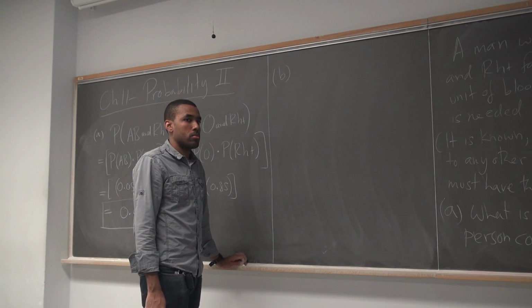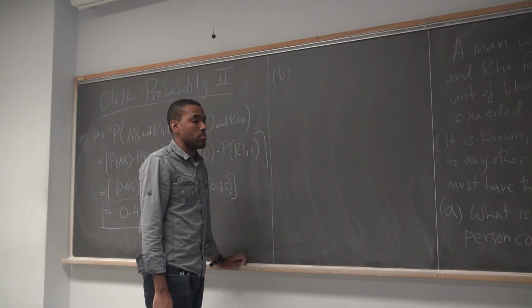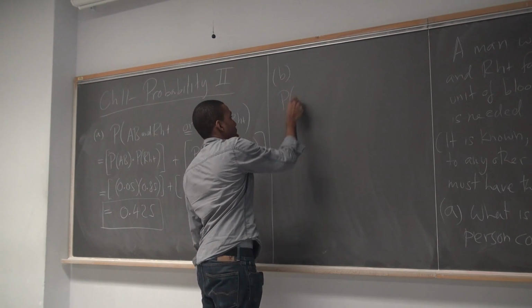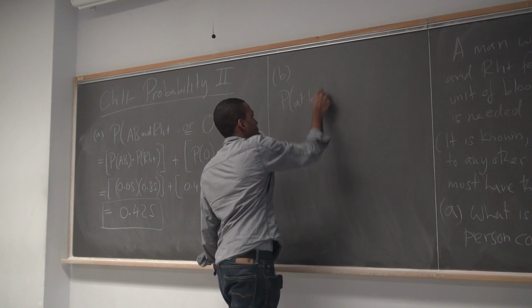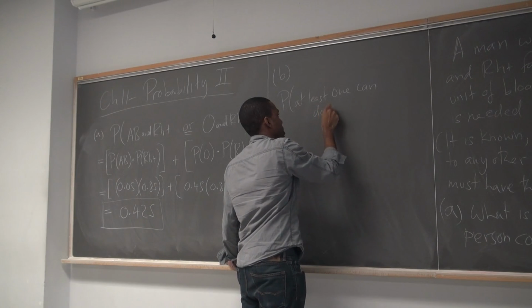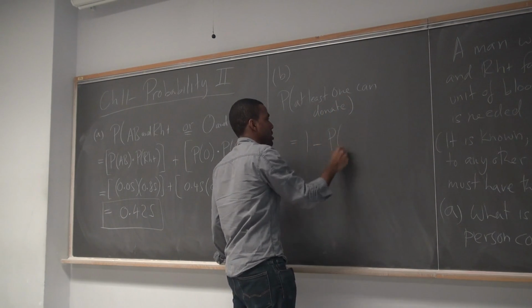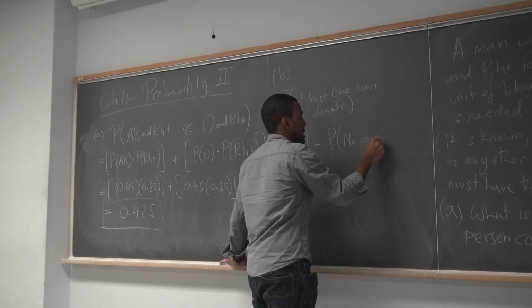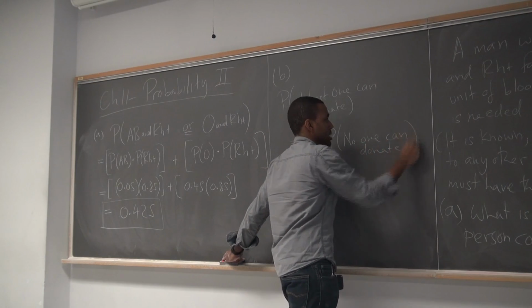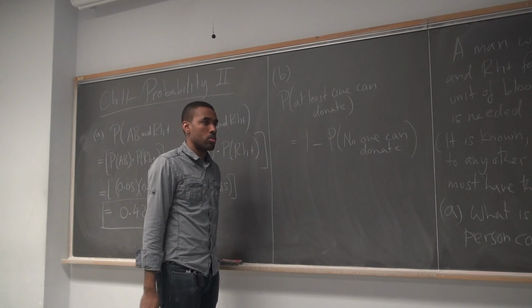How do we do that? The probability of it not happening, meaning 0 out of 10. So the probability that at least 1 can donate equals 1 minus the probability that no one can donate, right? And this one is a lot easier to count than the other one. There's only one way this can happen: all 10 just don't have the right blood type.